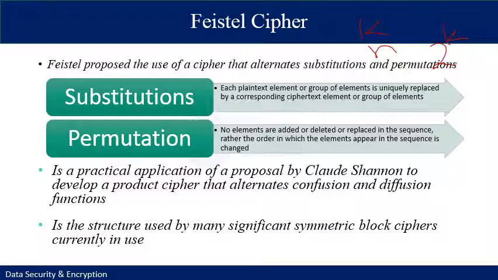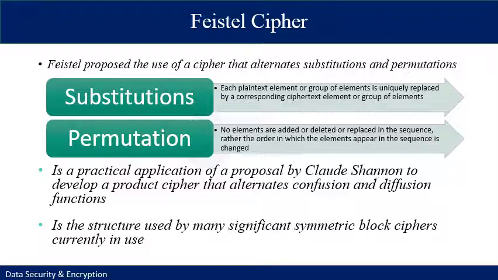Feistel proposed the use of a cipher that alternates substitutions and permutations. If we define each of these terms briefly, a substitution means each plain text element or group of elements is uniquely replaced by a corresponding ciphertext element or group of elements.